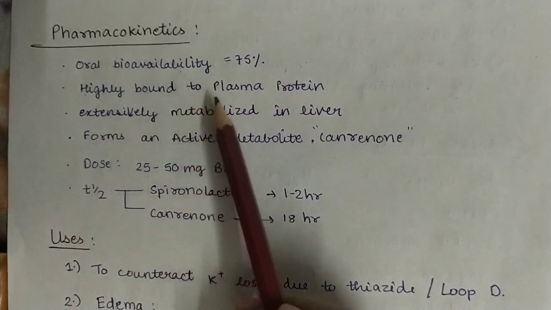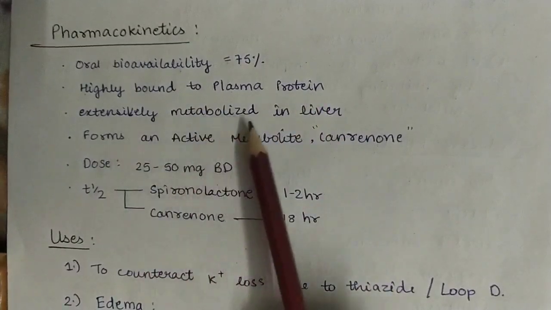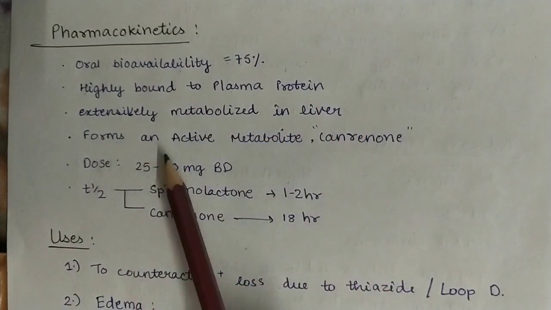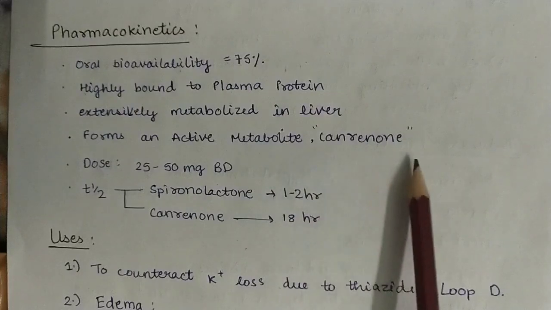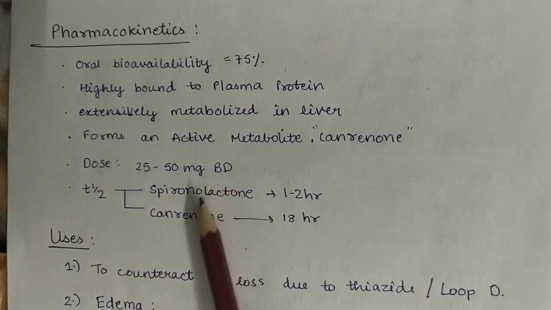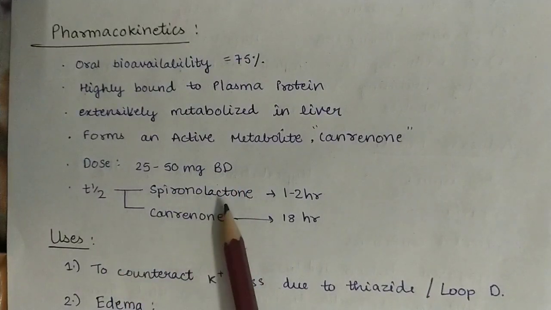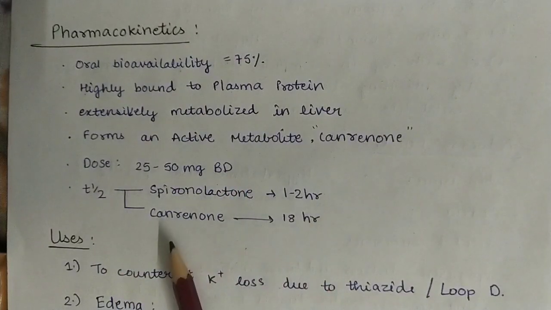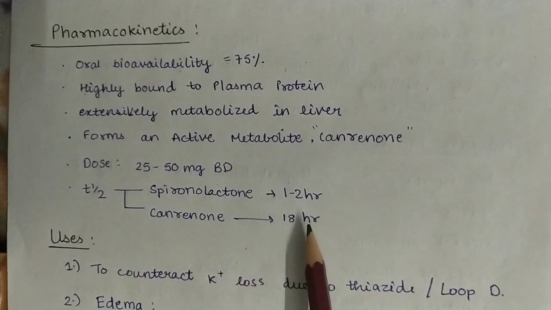It is highly bound to plasma protein, extensively metabolized in the liver, and forms an active metabolite known as canrenone. The dose is 25 to 50 mg BD, that is twice a day. The half-life of spironolactone is 1 to 2 hours and of its active metabolite, canrenone, is 18 hours.